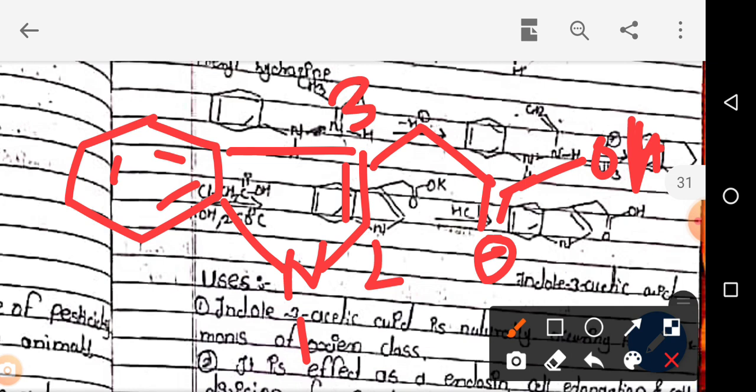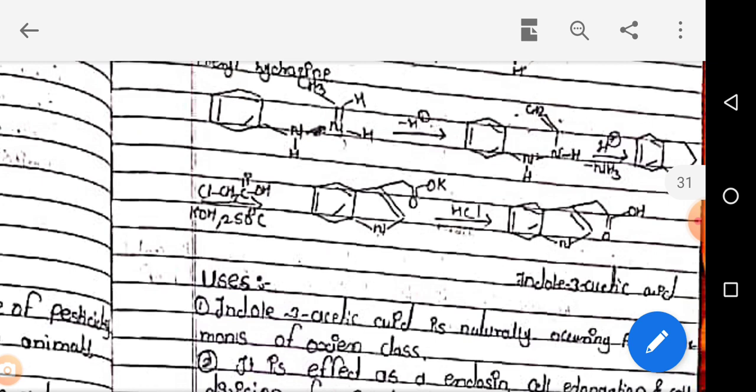If you know the product structure, indole 3 acetic acid, you can easily work it out by looking at the structure, because only this part is not in the reactant, while the nitrogen-containing part is there. Compare the product structure with the reactant structure and you will easily get some links.